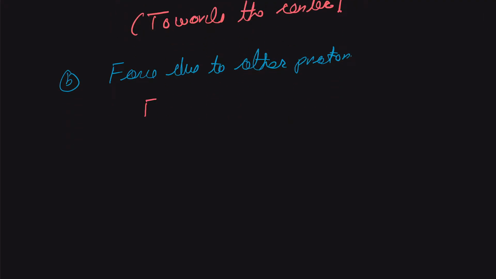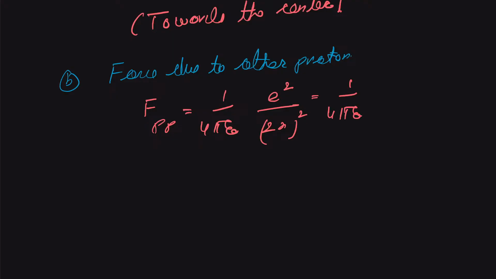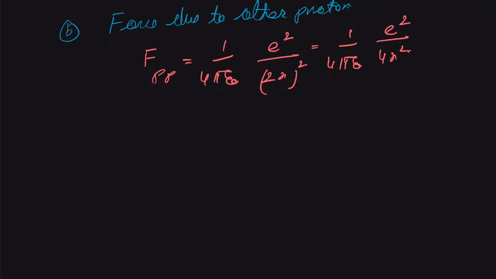So the force between proton and proton will be equal to 1 upon 4 pi epsilon naught, e square over the distance between them, 2x, squared. This comes as 1 upon 4 pi epsilon naught, e square over 4x square, and its direction will be away from the center.